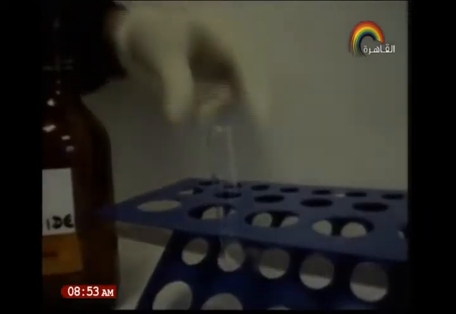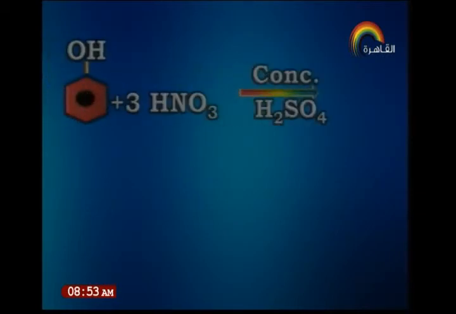All of them are in what? OH, but I need the benzyl ring. Now, observation: phenol reacts with the hydroxyl group. There is no color. Benzyl ring, OH, here 3HNO3, because I want to differentiate between the OH reaction with sodium hydroxide and with nitric acid in the presence of sulfuric acid here.